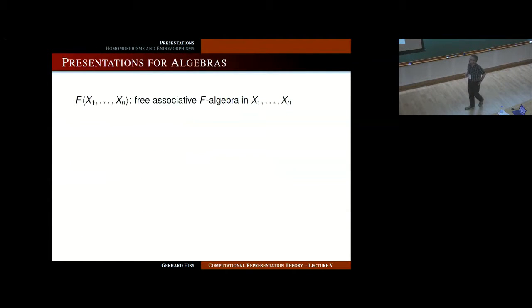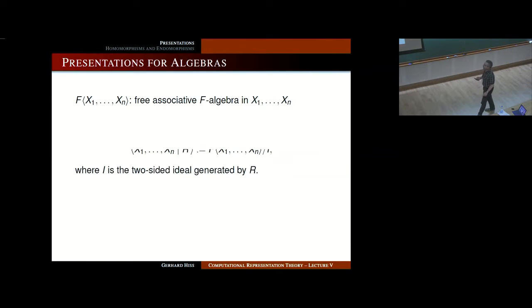Of course, I think most of you will know what a finitely presented algebra is. Every finite dimensional algebra, for example, is finitely presented. So you start with a free associative algebra, so the polynomial ring in finitely many non-commuting indeterminates. And then you just choose a subset of such polynomials and look at the ideal generated by this subset.